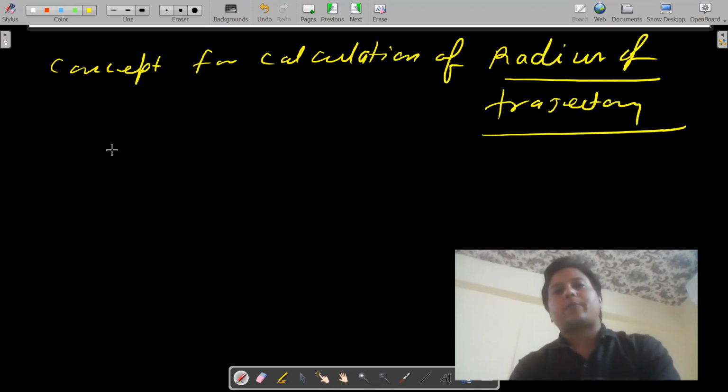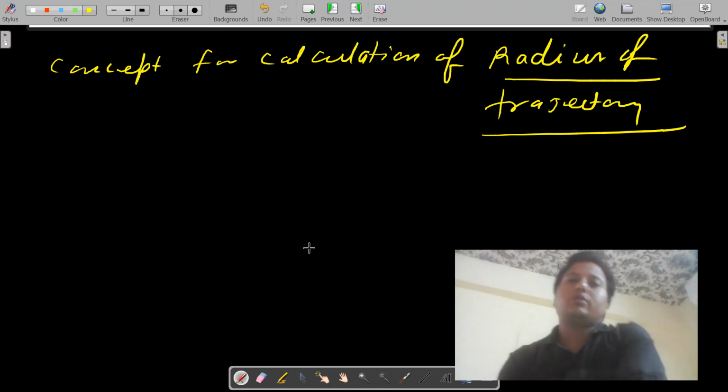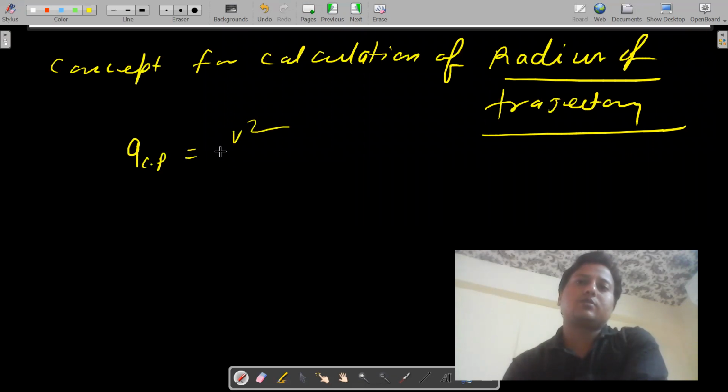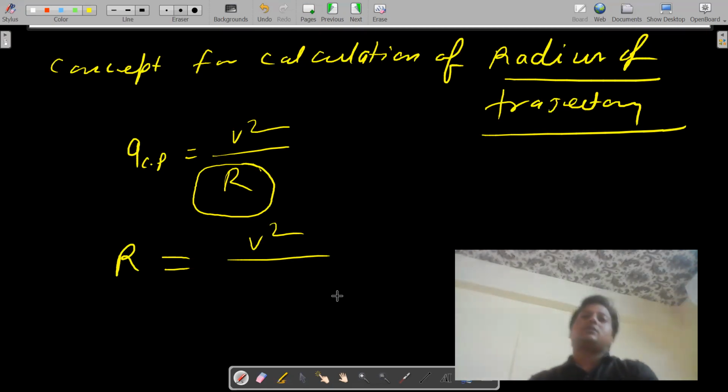The concept is, we know every point of any curve is like a part of a circular path, so we can use centripetal acceleration v square over r, and here r is the radius of curvature. So in finding the radius of curvature, we have to apply v square over centripetal acceleration.